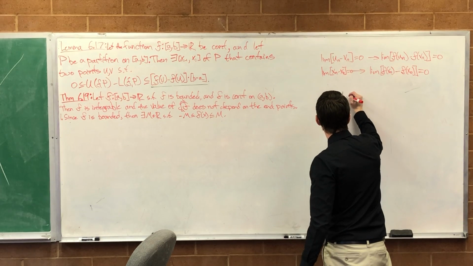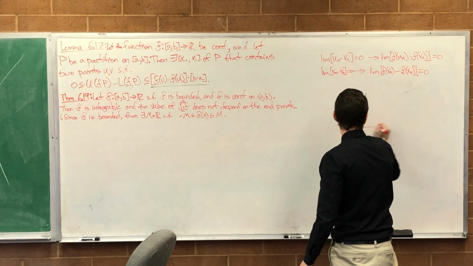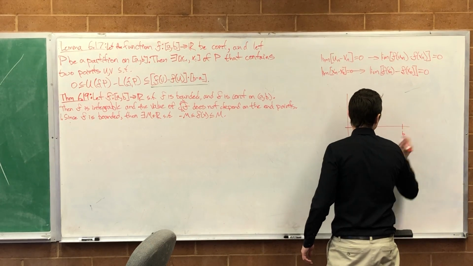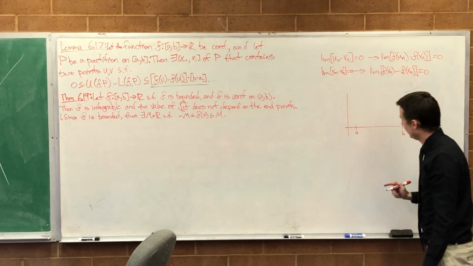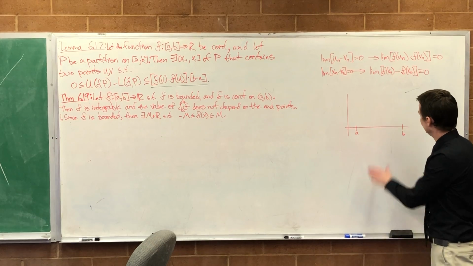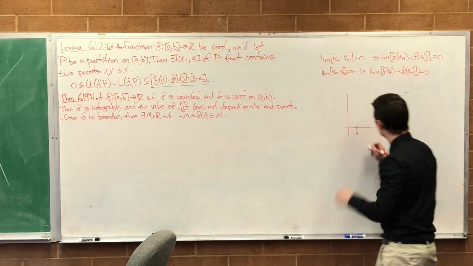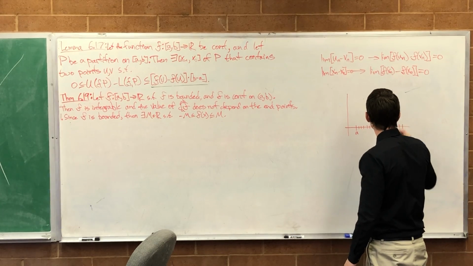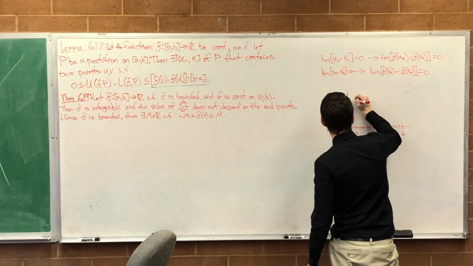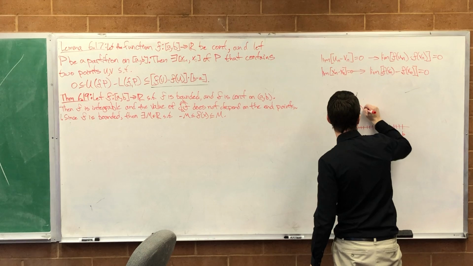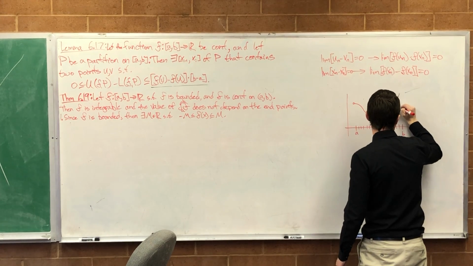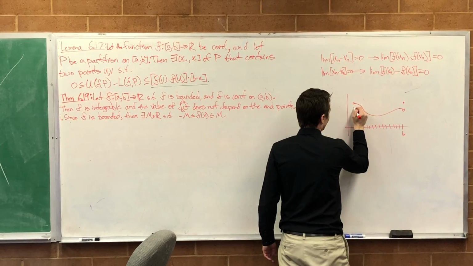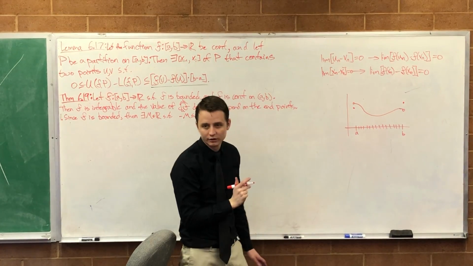I'm thinking that we'll do something like, here's a, here's b. I think we'll create some partition inside of a and b, whatever it is. And who knows what our function does. Just draw something up here that could potentially be it. Our function could look something like that. That's like the worst case scenario, right?